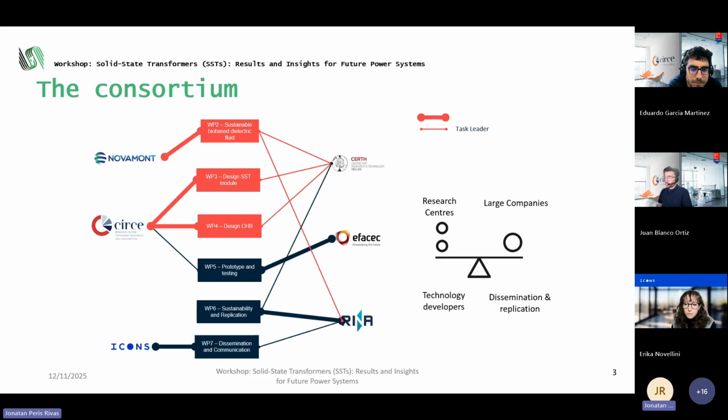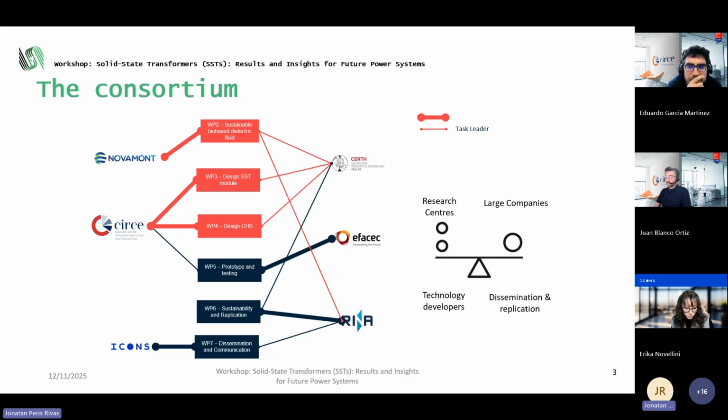This slide shows the project structure and the work packages. Work Package 2, led by Novamont, develops a bio-based dielectric fluid as a sustainable alternative to conventional mineral oils. Work Package 3 and Work Package 4, both led by CIRCE, focus on the design of the SST module and the development of a decentralized CHP control converter. Work Package 5, led by EFACEC from Portugal, handles prototyping and testing activities.